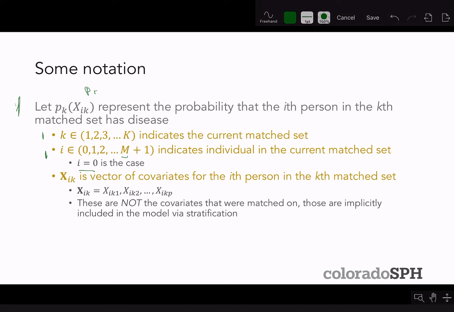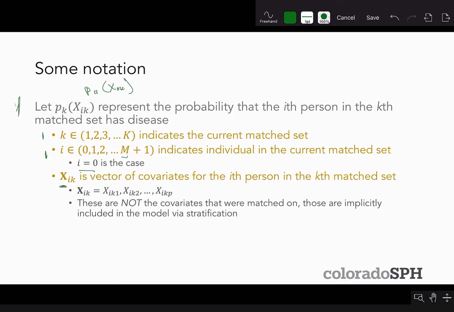So p_k of x_0k is the probability that the case actually has the disease given their set of covariates. And notice that I'm using bold x here.